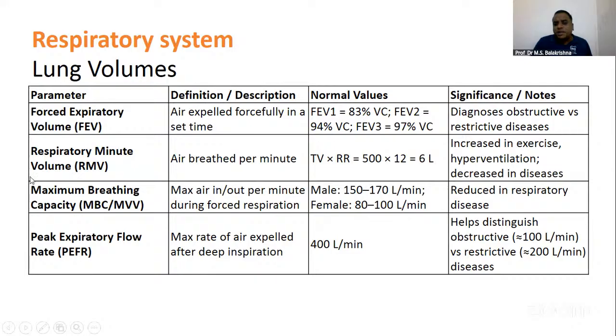Respiratory minute volume is increased in exercise and decreases in disease. Maximum breathing capacity is reduced in respiratory diseases. And peak expiratory flow rate helps to distinguish between obstructive and restrictive diseases. You should know these things perfectly. This chart, you can take a screenshot. What is the significance of each one?